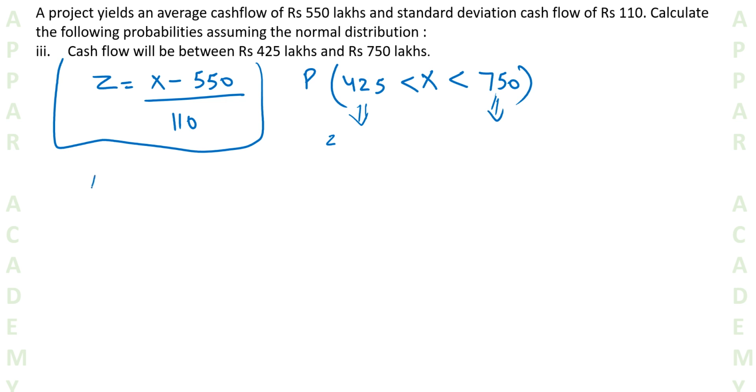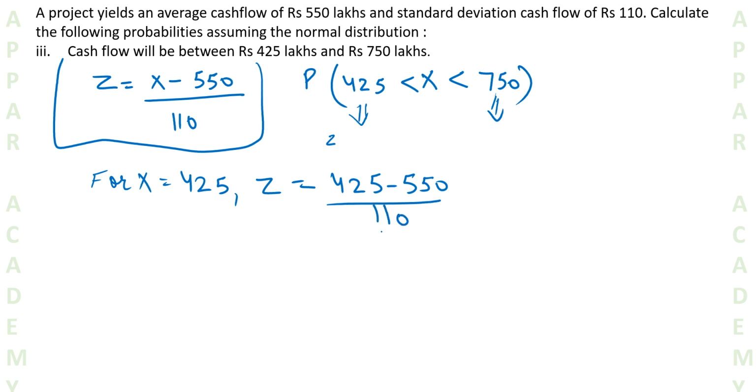So for x is equal to 425, z is equal to 425 minus 550 upon 110, and this is equal to minus 1.14.